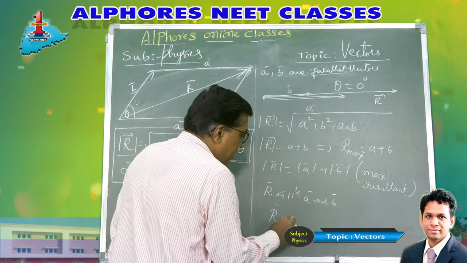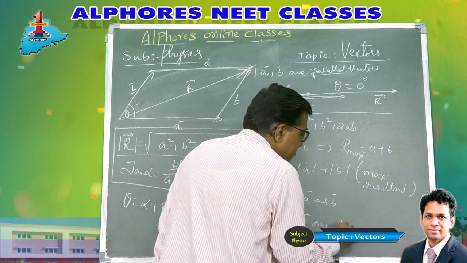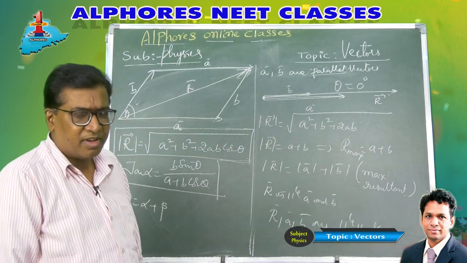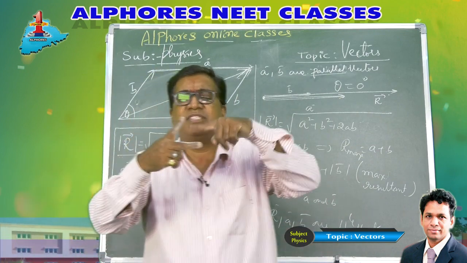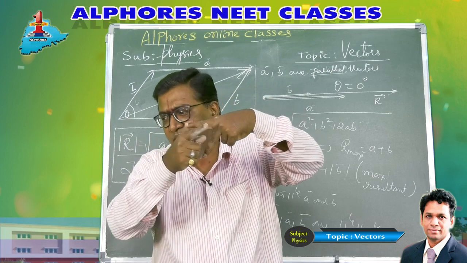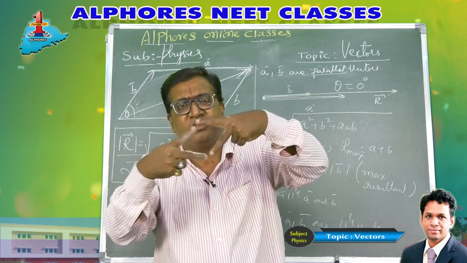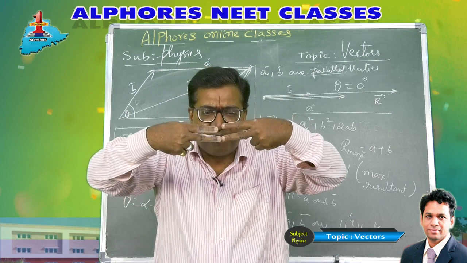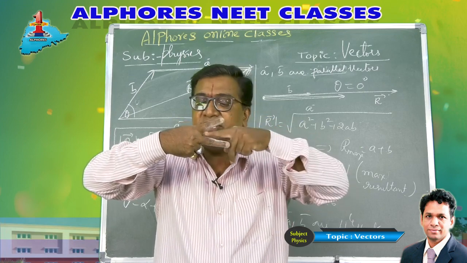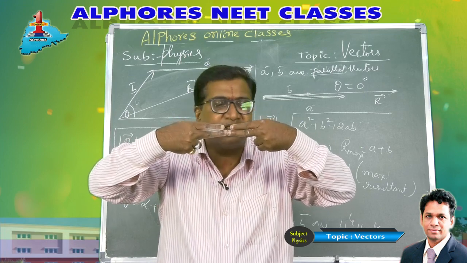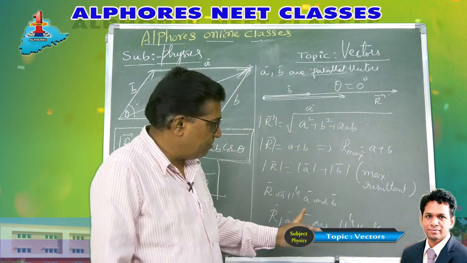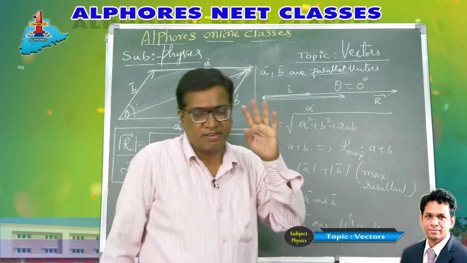Suppose this is A, this is B, with angle theta, this is the parallelogram, and the resultant is the diagonal from this corner to that corner. When A and B are parallel, the resultant is also along the same line. So A bar, B bar and R bar all are parallel vectors.